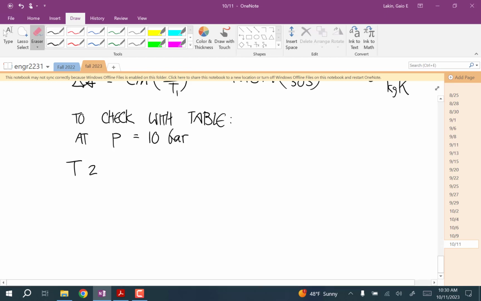So let me write it like this. The specific entropy at a temperature of 20 degrees Celsius is 0.2961 kilojoules per kilogram Kelvin.